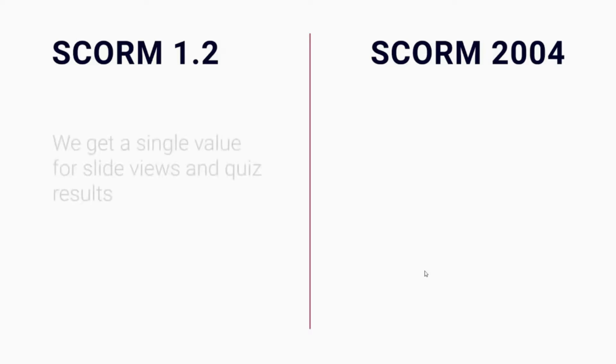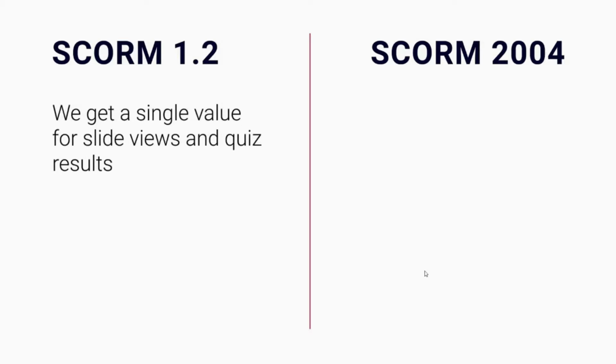Version 1.2 indicates in the report how much of the course the learner has studied. It submits a single value to an LMS based on the completion status and/or the success status. Let's say slide views or overall quiz score, or both of them.